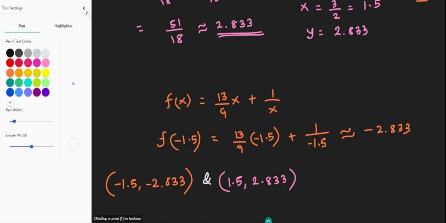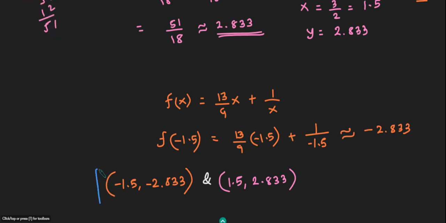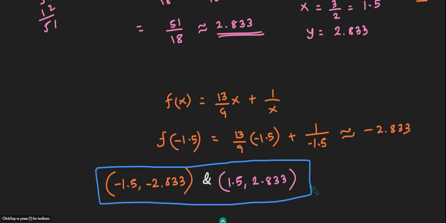So basically these are the 2 points where the tangent line is parallel to the given line.